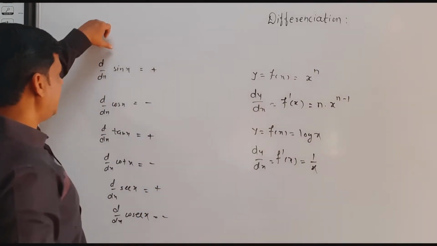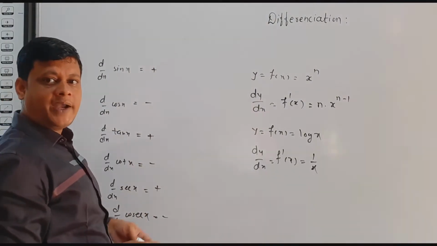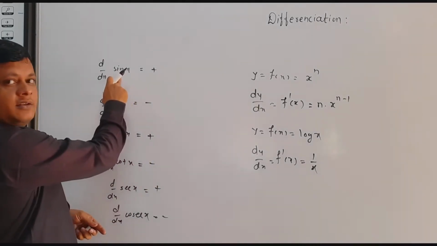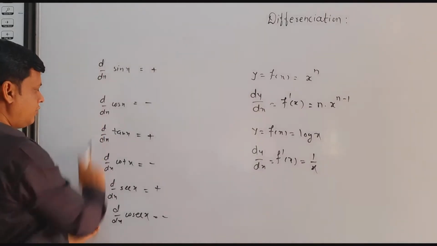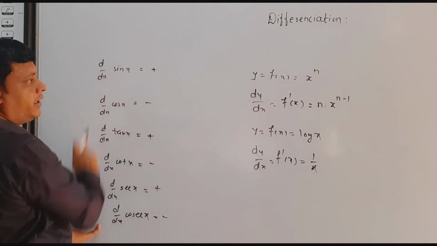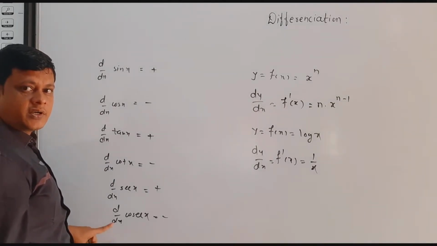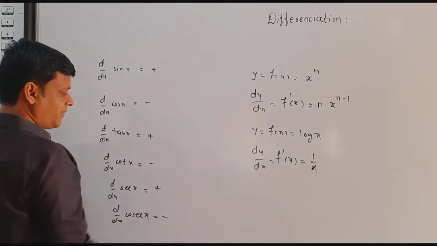That means the derivative of sin x is always plus, because when we find the integration of this sign, we get a minus value. So to avoid confusion, you have to remember the derivative formulas of these standard trigonometric functions in this form. So you have to write plus minus plus minus plus minus.